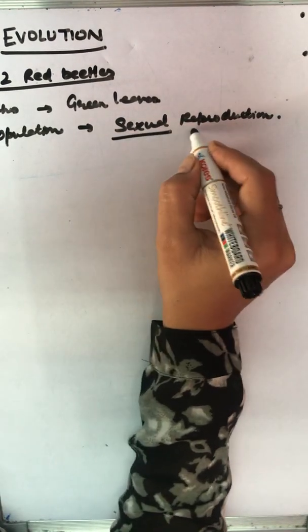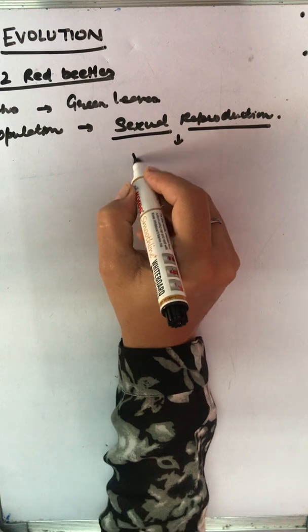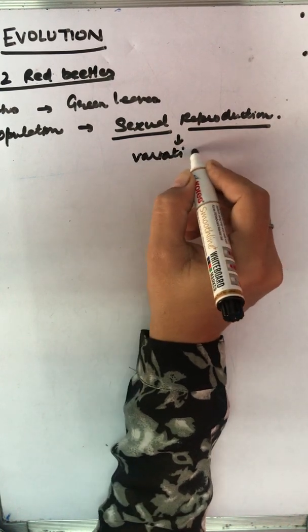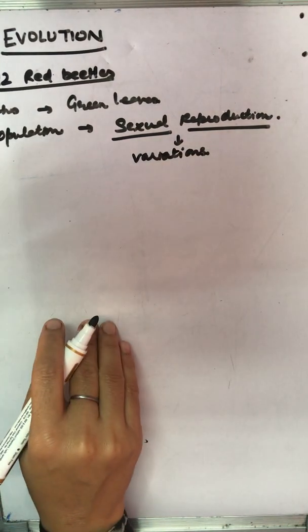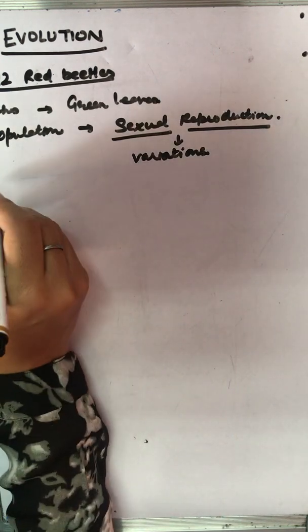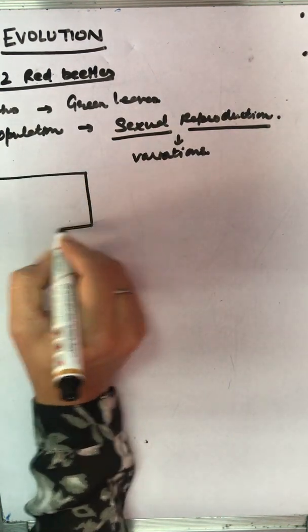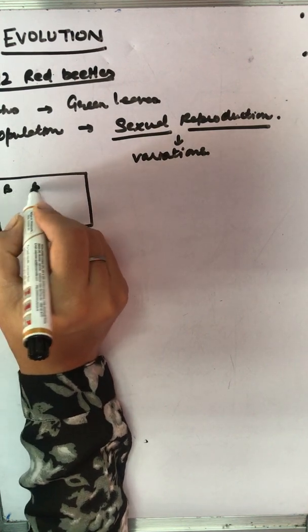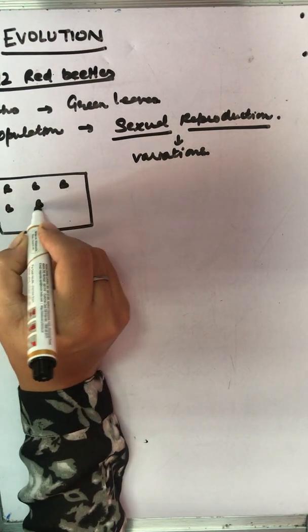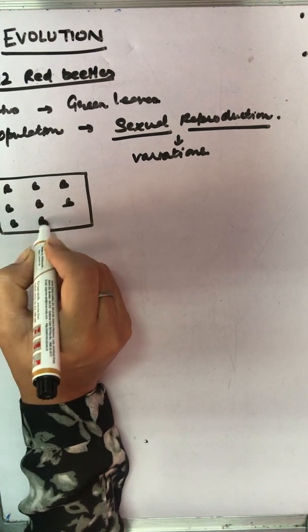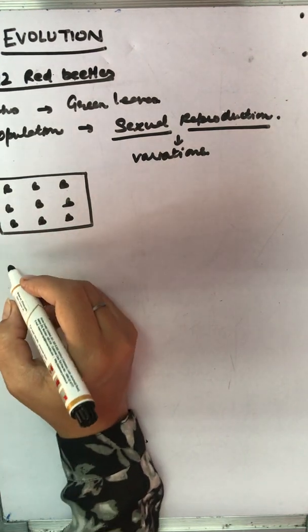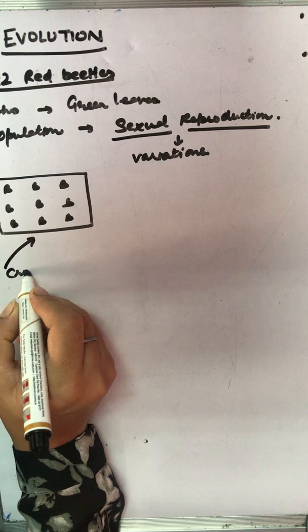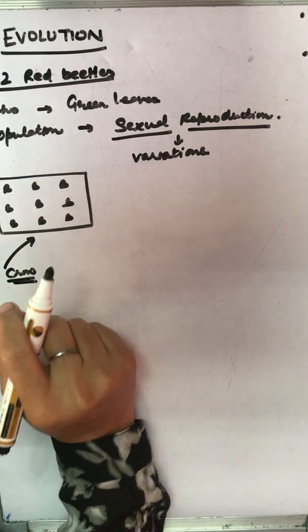Obviously, whenever sexual reproduction is taking place, it will introduce variations. So let us imagine that a crow comes and eats these beetles. So I'm writing BB for beetles. A crow comes and eats these beetles.